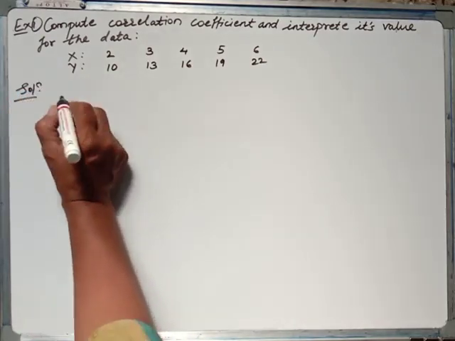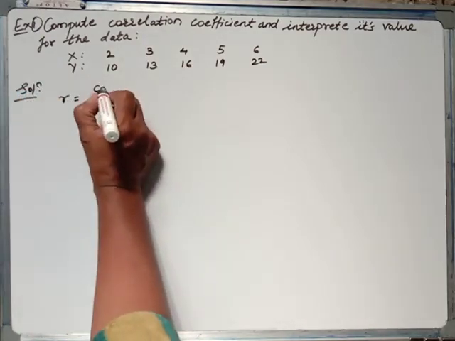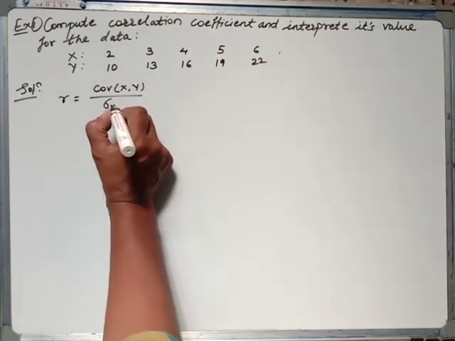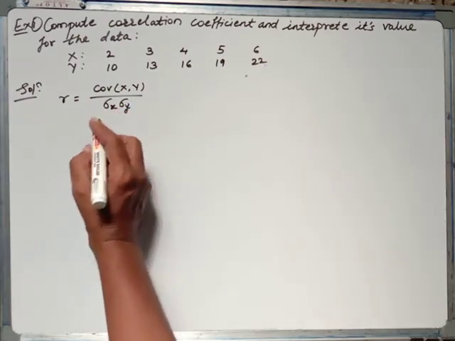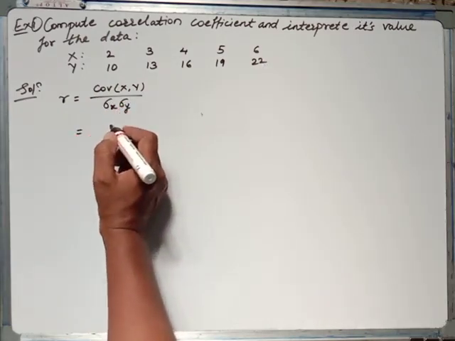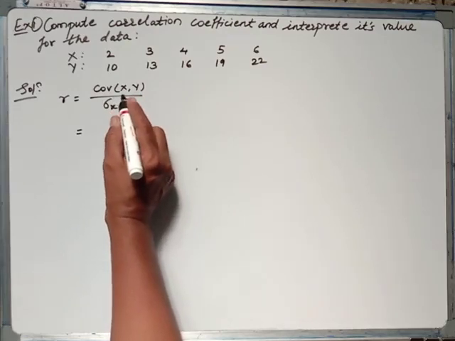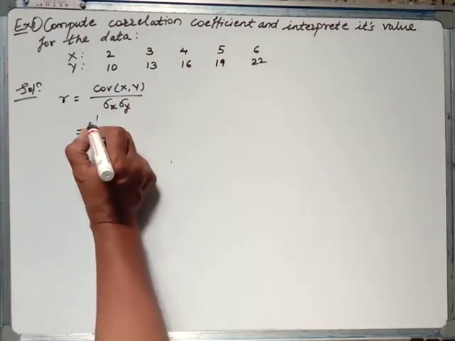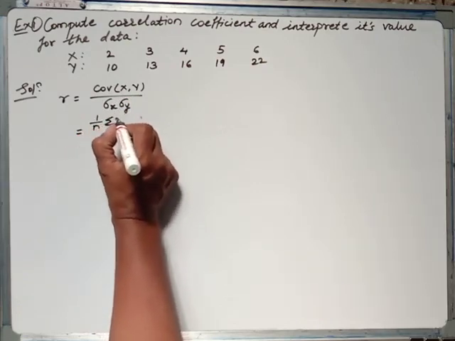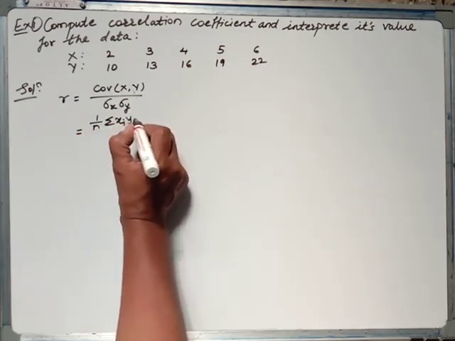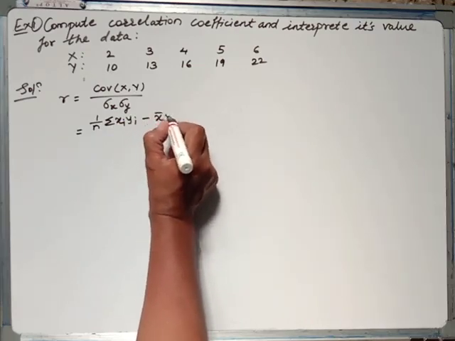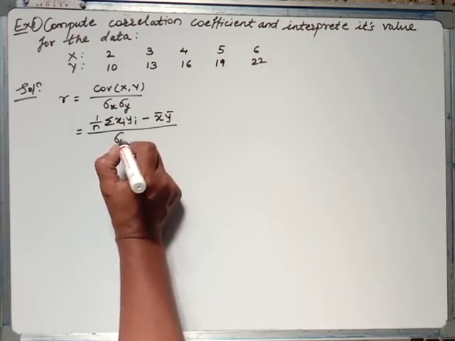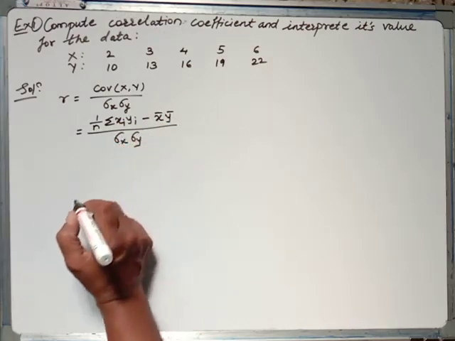Here we know r is covariance between X and Y upon sigma X into sigma Y. And we have also simplified one of the results to determine covariance: it is 1 upon n summation xi yi minus x bar y bar, upon the same sigma x into sigma y.